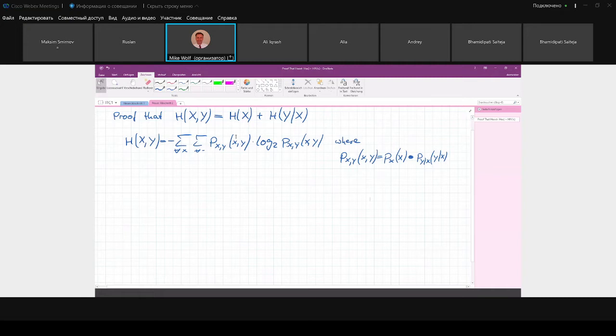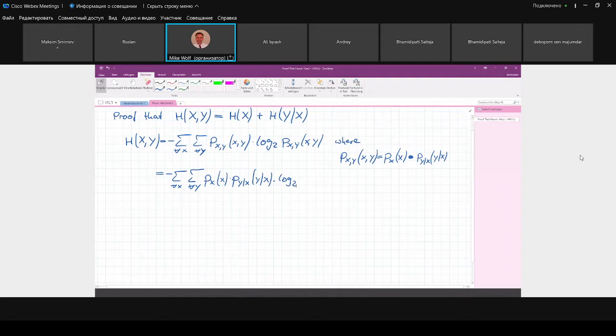So we can say this equation 1 is equal to minus, take a look at all values x, all values of y, and then I substitute this by p of x times p of y given x, this conditional probability, times log 2 of, and now the question, maybe you answer here.